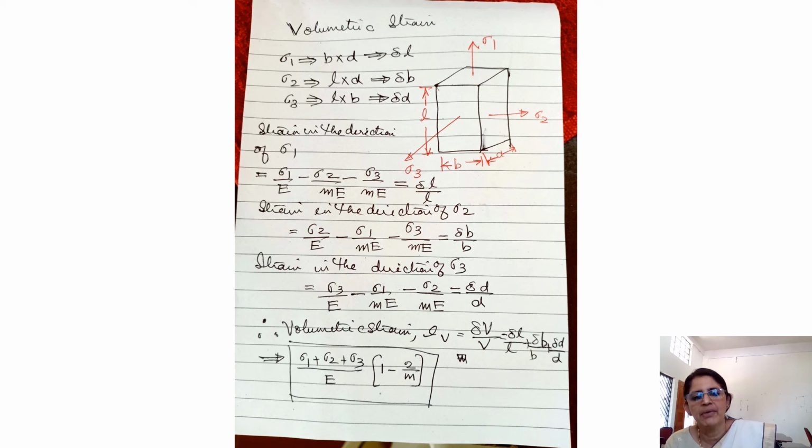So if I take sigma 1 plus sigma 2 plus sigma 3 by E outside, the first values come as 1, the others come as 2 times in terms of 1 by M. So I have taken sigma 1 plus sigma 2 plus sigma 3 by E into 1 minus 2 by M.